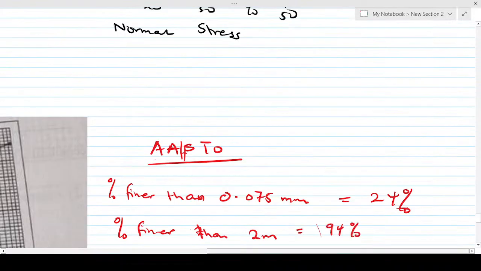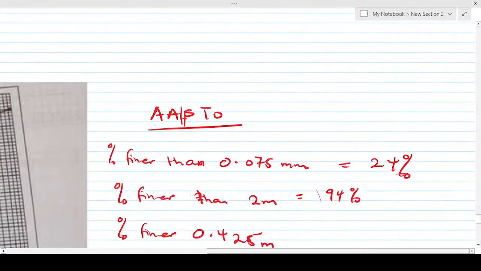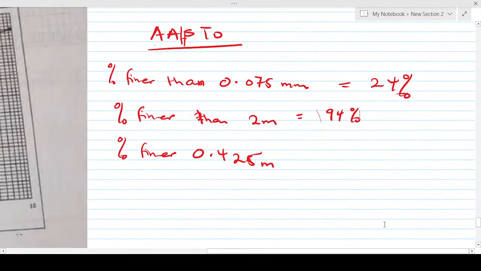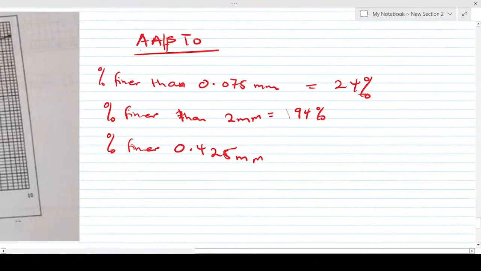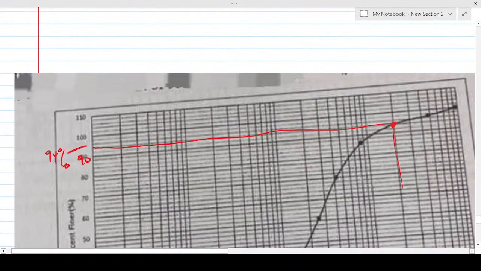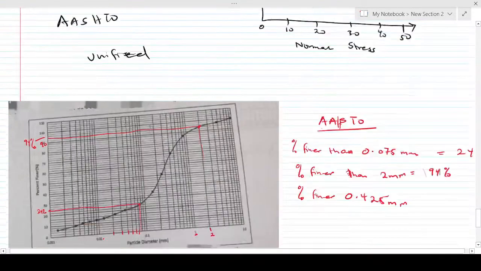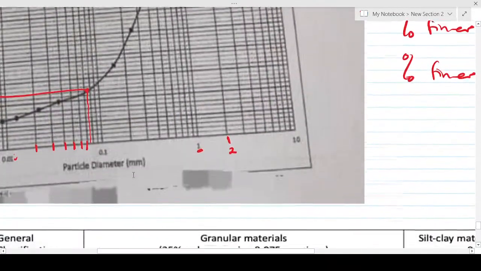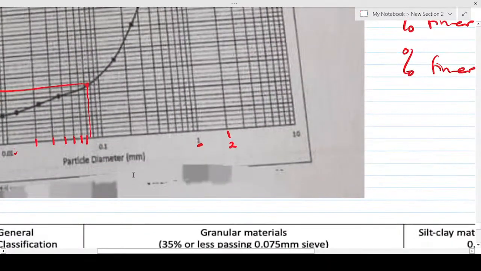Then you go ahead and find the percent finer than the 0.425 millimeter sieve. There's 0.1, 0.2, 0.3, 0.4, so 0.425 is somewhere in the middle of this line.